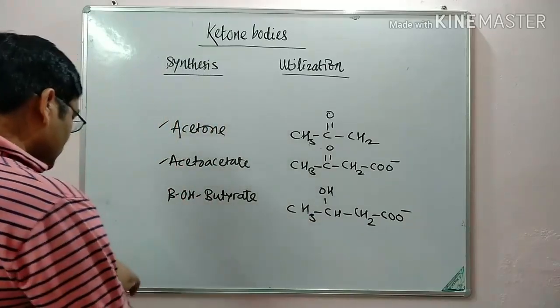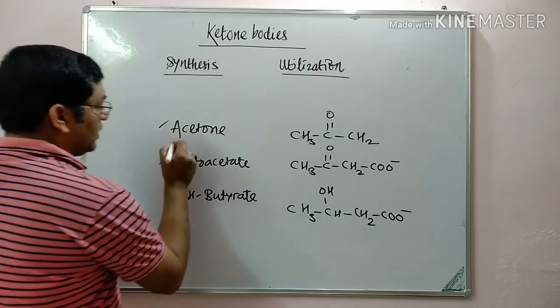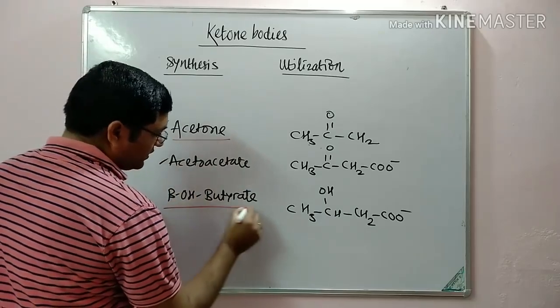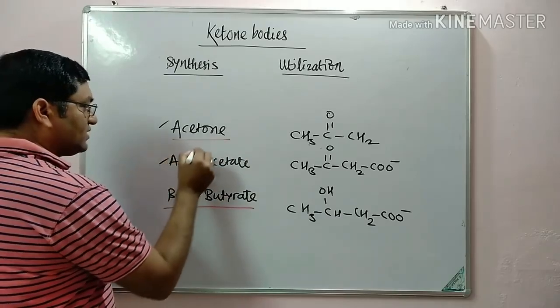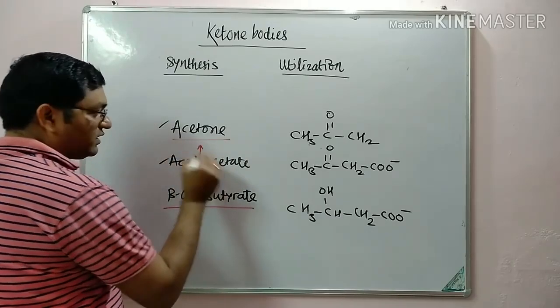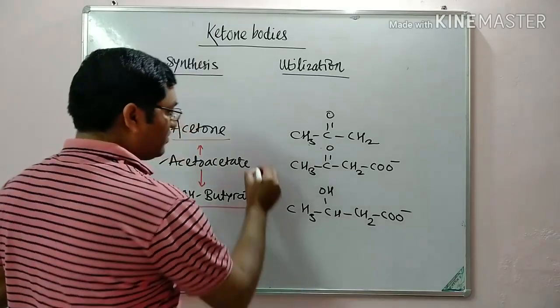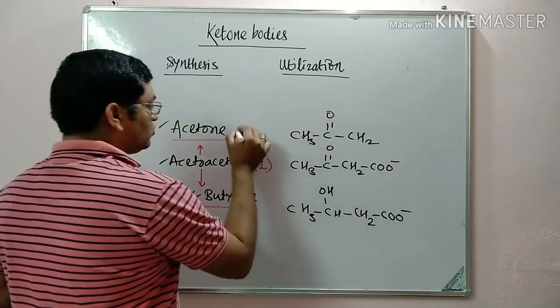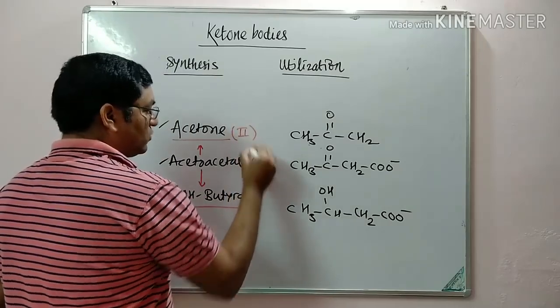These two, acetone and beta hydroxybutyrate, are synthesized from acetoacetate. That's why acetoacetate is known as the primary ketone body, while these two are known as secondary ketone bodies.